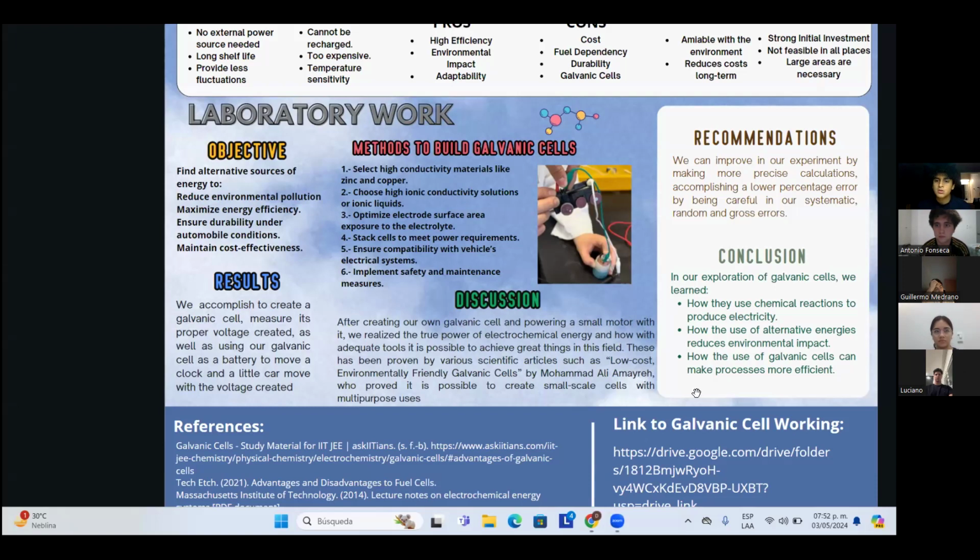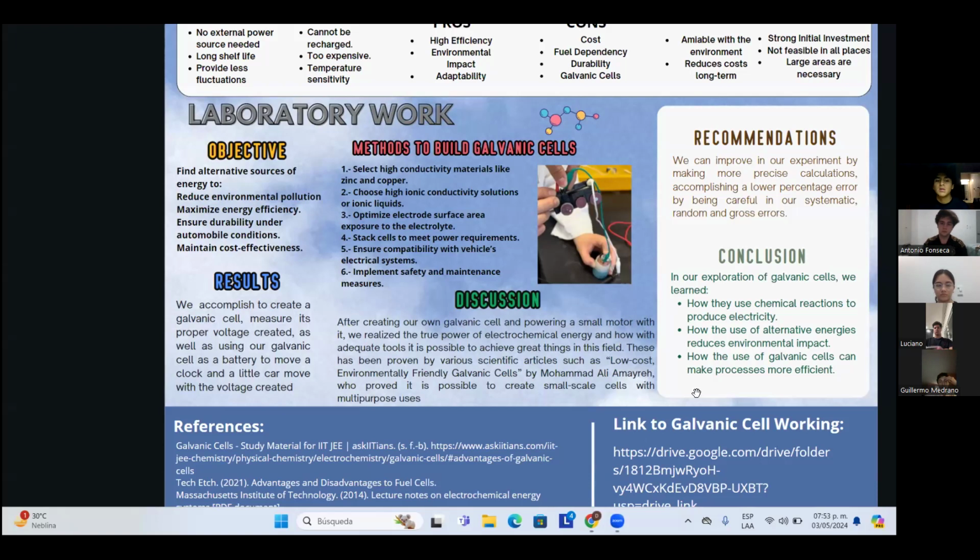In our conclusion, we concluded that chemical reactions can be used to produce electricity, with many benefits. It can also reduce the environmental impact on the world, and these processes can be more efficient than others because they will not produce pollutants, and they will also be beneficial to the industries.